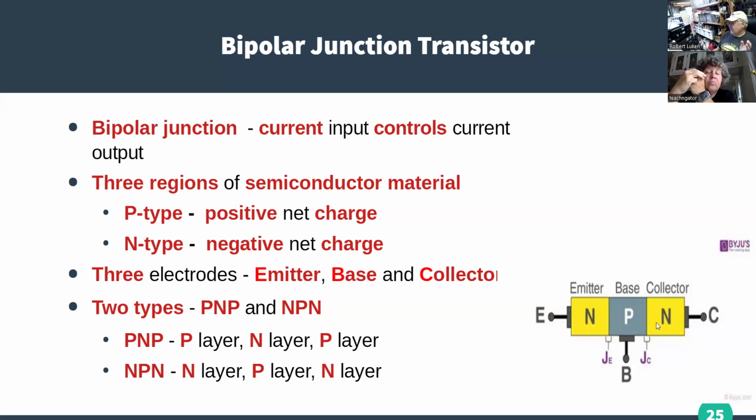And that causes kind of an avalanche effect of current flowing from the collector to the emitter, which is much greater than the current that flows from the base to the emitter. And that's how we get amplification. So a small amount of current going from the base to emitter can control a large amount of current going from the collector to the emitter. And that's called voltage gain or power gain.